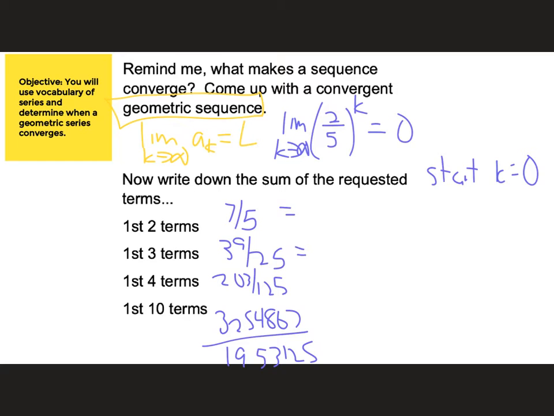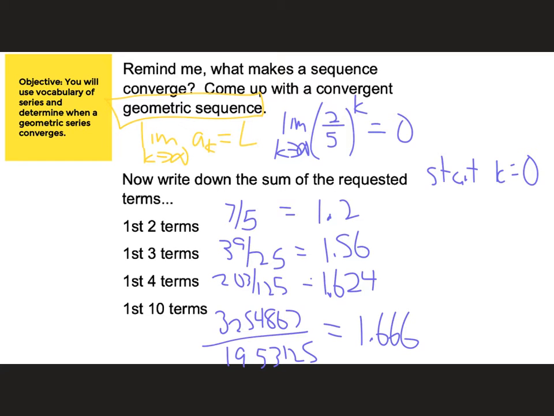Fractions look a little confusing, so let's divide these. 7/5 is 1.2. 39/25 is 1.56. 203/125 is 1.624. And then this ridiculous one, 3254867 over 1953125, is 1.666.